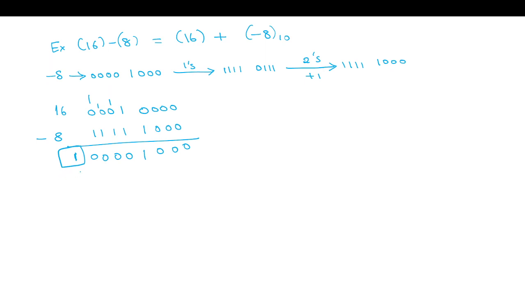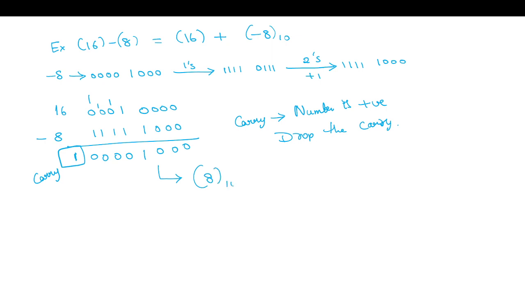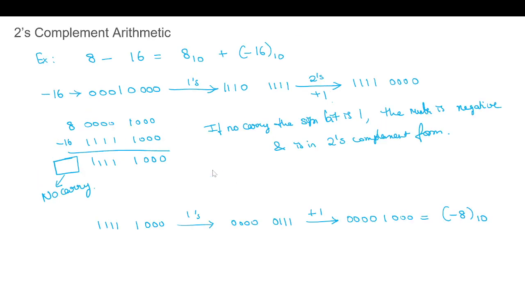So if carry exists, then the number is positive. So we have to drop the carry. And what is this? 18 decimal. Previously, we have seen it is minus 18 decimal. Okay.